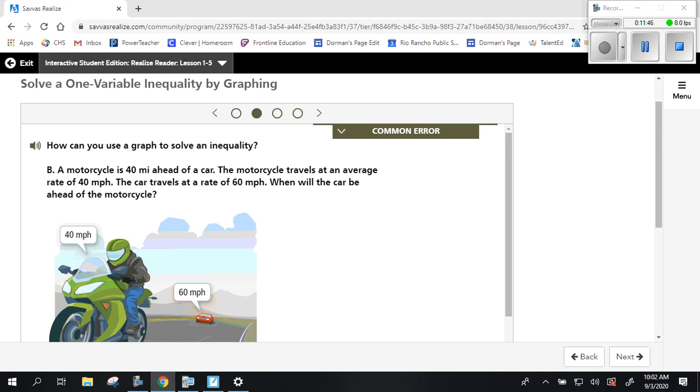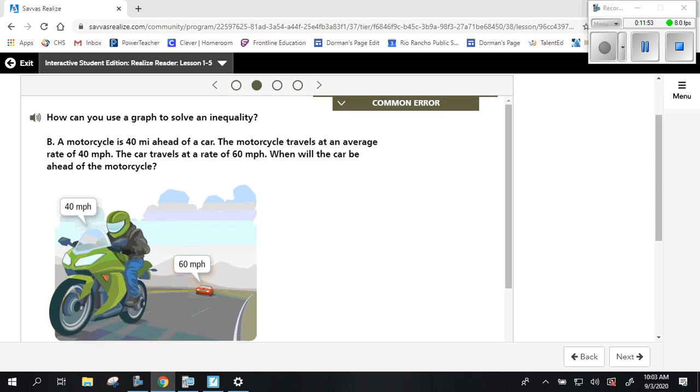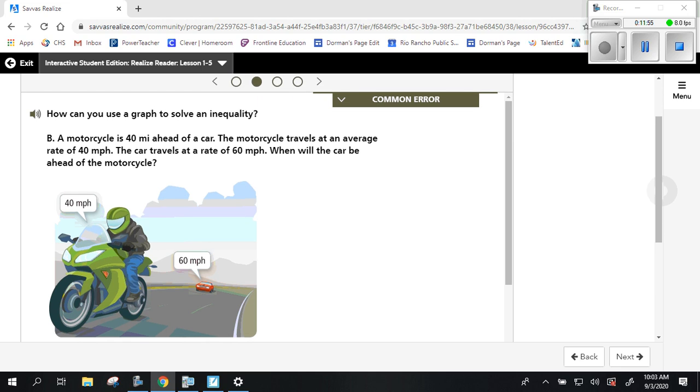We got a motorcycle, and it's 40 miles ahead of a car, but the motorcycle is maybe going faster. No, it's not. Motorcycle is traveling about 40 miles per hour. The car is traveling about 60 miles per hour. So eventually the car is going to catch that motorcycle and be ahead of it. So let's go ahead and model this situation with a couple inequalities.